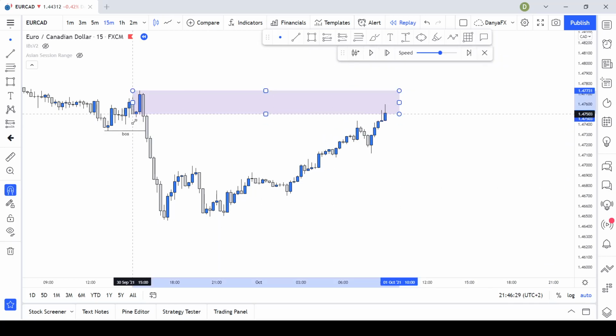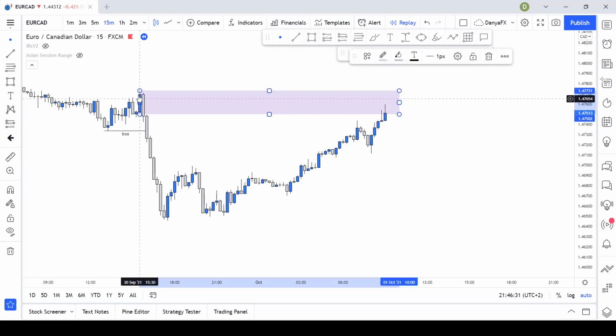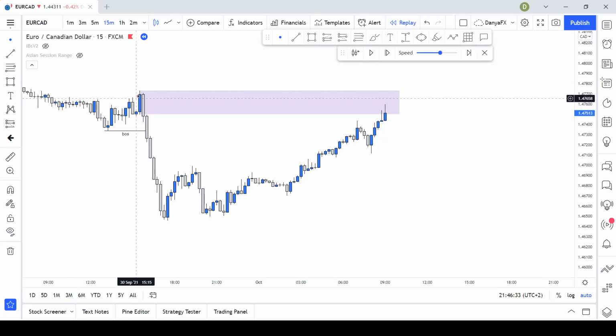In this case, we have a perfect example of the bearish order block. It's the last bullish candle before the bearish expansion. And as you can see, the price has approached the bearish order block quite correctively. So that's good.